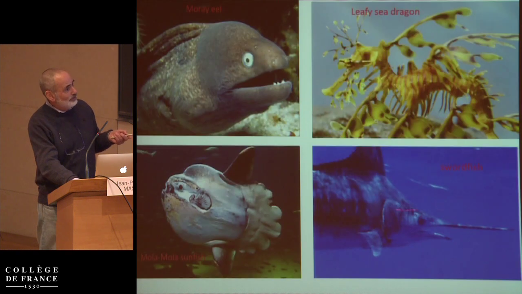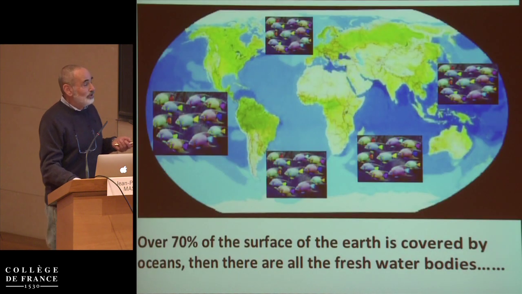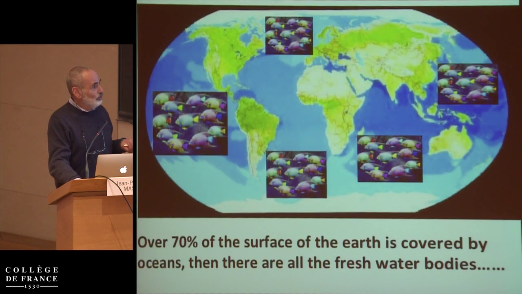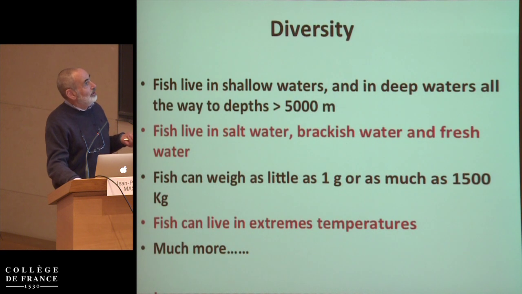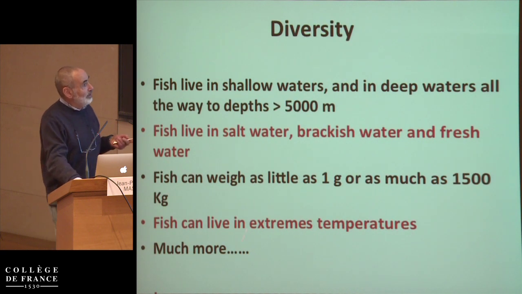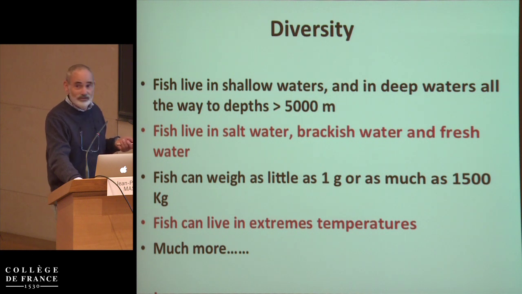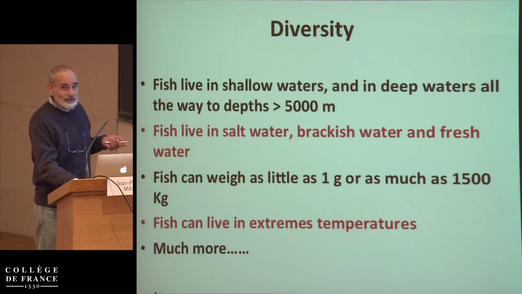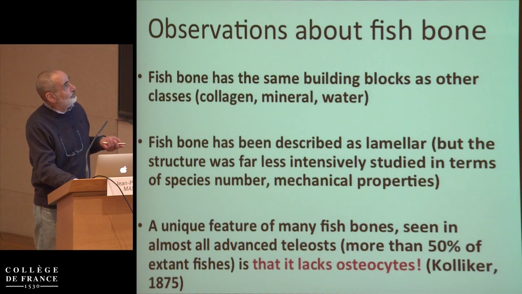This will play later an important role, I hope, in my lecture, but look at the extension that he has, at this maxillary bone that he has here. So fish are everywhere. They're in the oceans, in the fresh waters. They can be small and large. They can live in extreme depths and extreme temperatures. So they must have solved a lot of problems, including the skeleton.